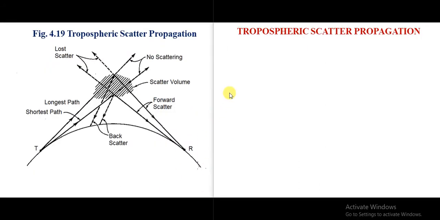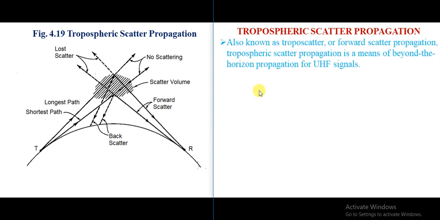Now we will discuss in detail tropospheric scatter propagation. It is also known as troposcatter or forward scatter propagation. It is a kind of beyond the horizon propagation for ultra high frequency signals.